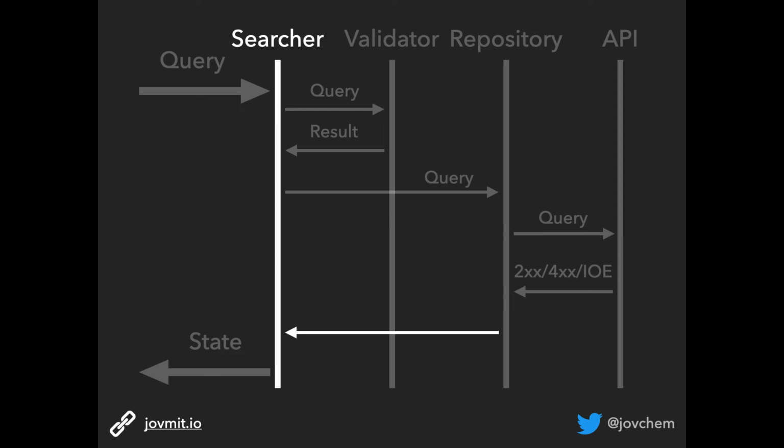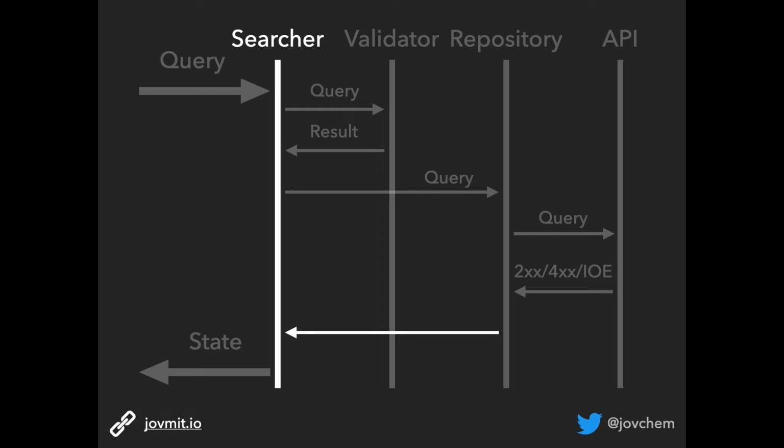And here we also have to think about, for example, the threading in the searcher. When the query comes into the searcher, it's from the UI thread. And now everything beyond the searcher has to be done in a different thread because we don't want to make the UI laggy. So we would switch into, let's say, a background thread.